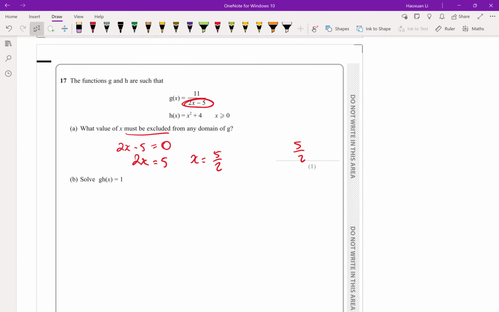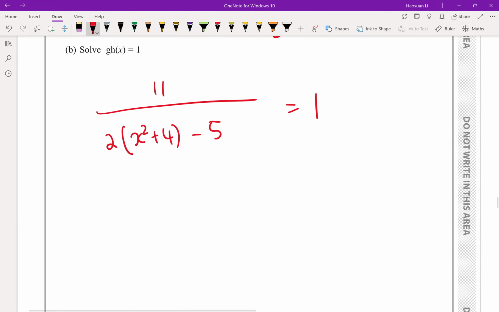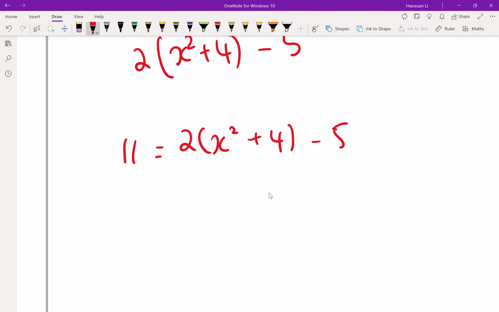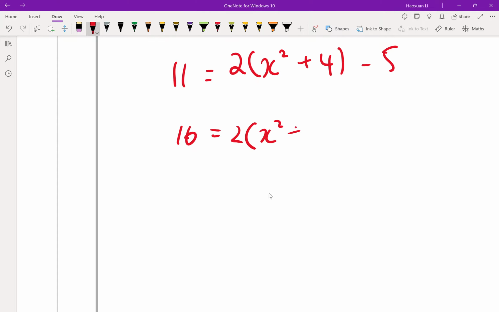Now a harder version. Solve gh(x) equal to 1. Basically you're plugging the value of h(x) into the x of g(x). So 11 over 2 times (x squared plus 4) minus 5 is equal to 1. If you just times both sides by the denominator, you should get this, and then 11 equals 2(x squared plus 4) minus 5, so 16 equals 2(x squared plus 4).